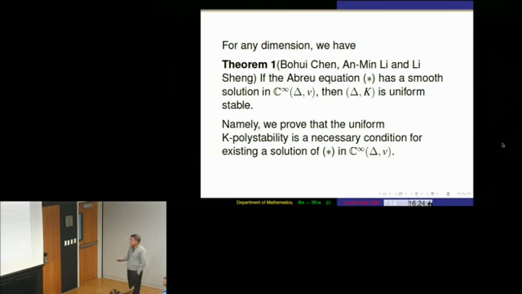So we proved that uniform K-stability is a necessary condition for the existence of a smooth solution, for any K and any dimension.